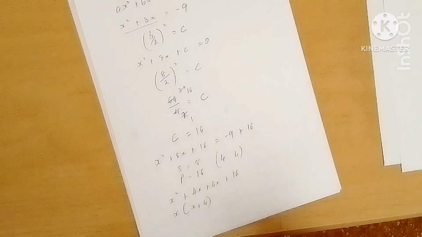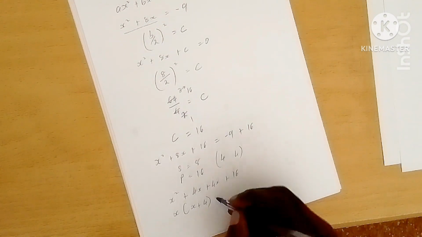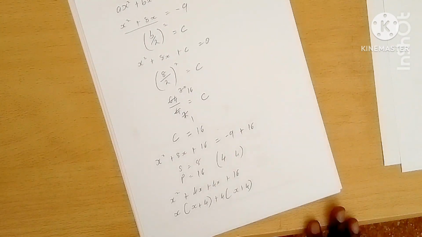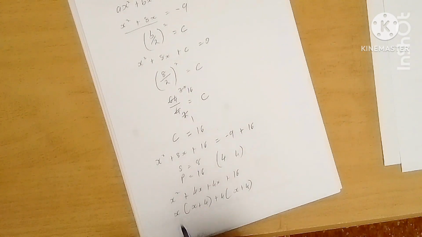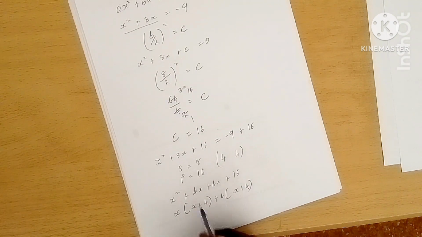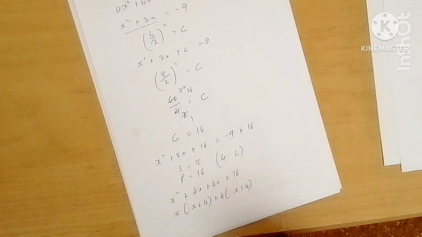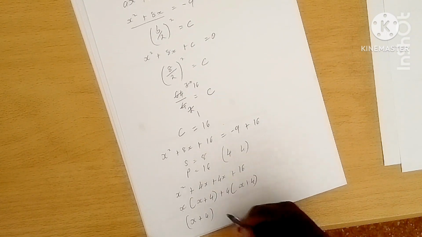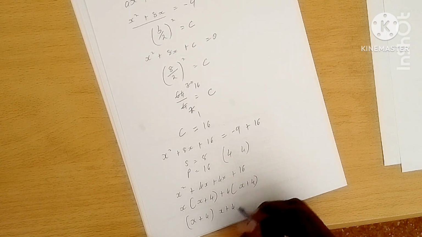And in this set, we're going to have plus 4 into x plus 4. Then we pick the first x plus 4 and we pick one of the two. So we're going to have x plus 4, and in the second part, x plus 4.